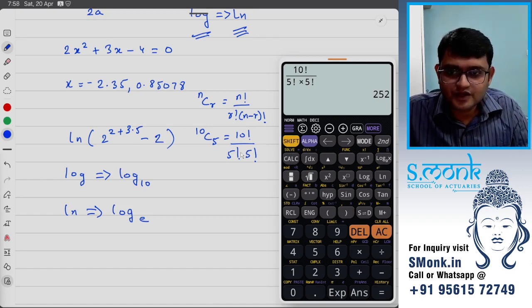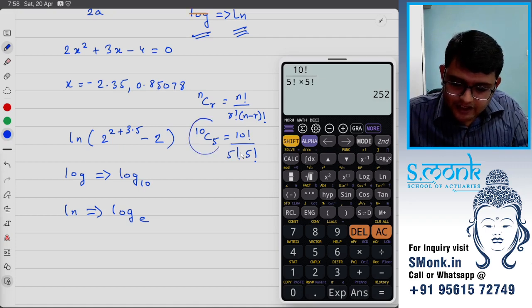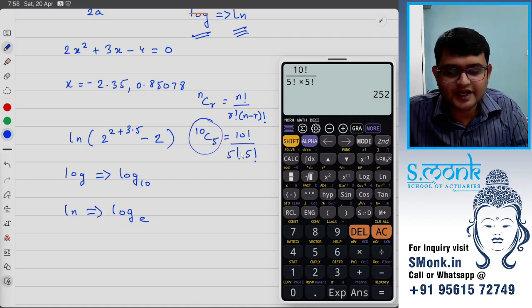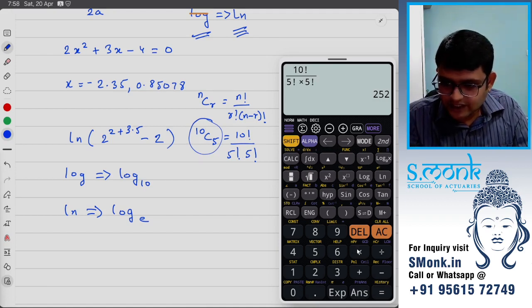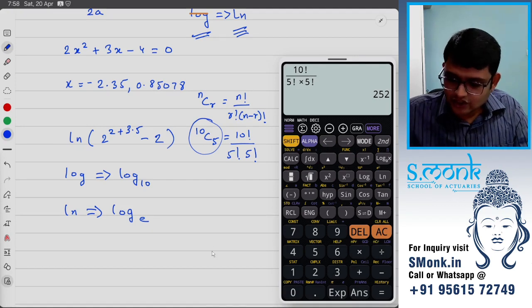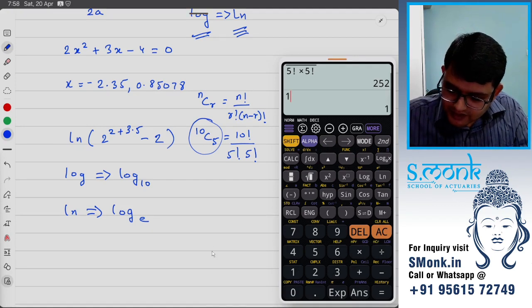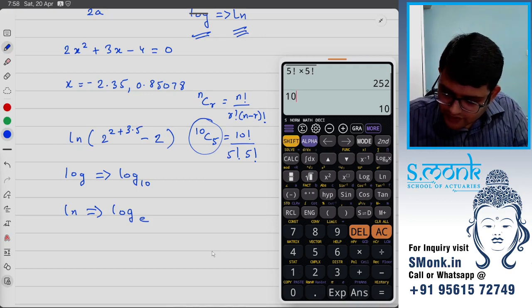Now I can directly make this 10C5 as well. I can directly calculate the combination. You will see down here in multiplication and division, above that you have NPR and NCR. You can see here in yellow NPR and NCR is written. So if I want, I can just say 10 shift and then press this division.